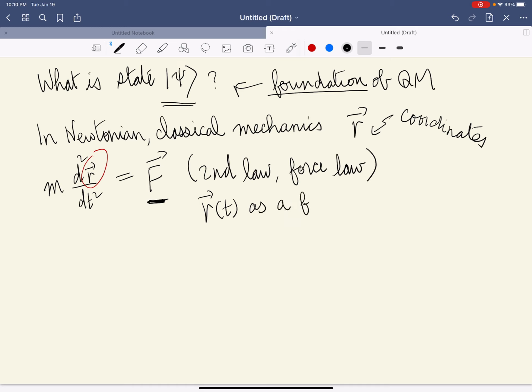So as a function of time, t, if we know how to solve Newton's second law, then we will also know how these coordinates of a particle will change over time.